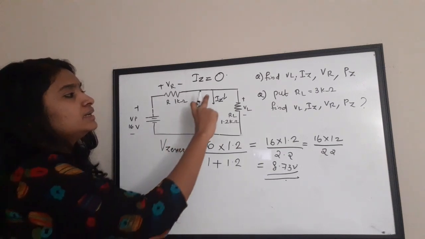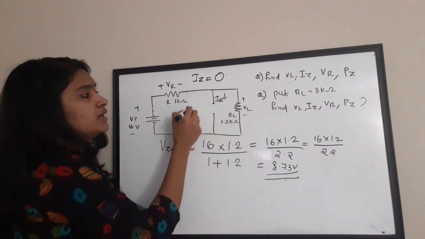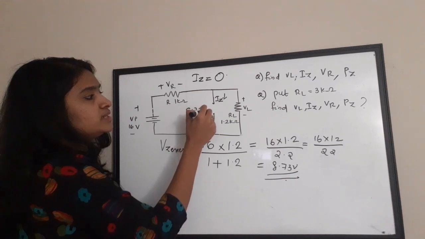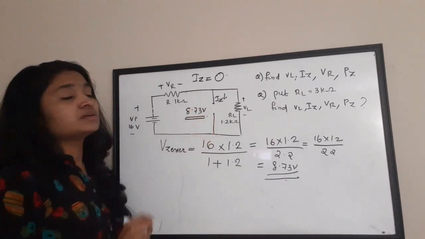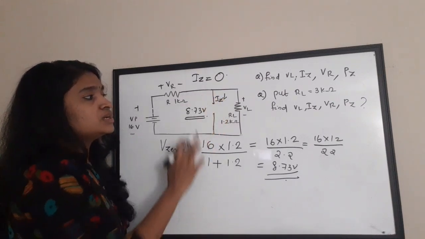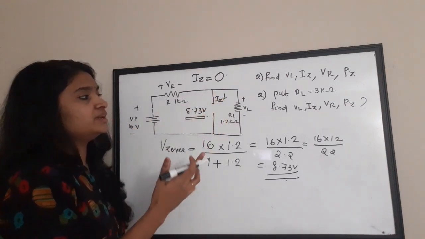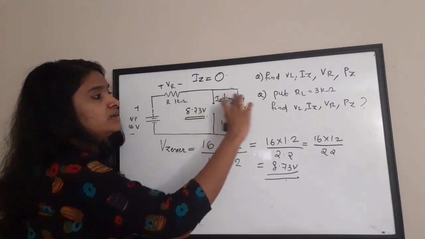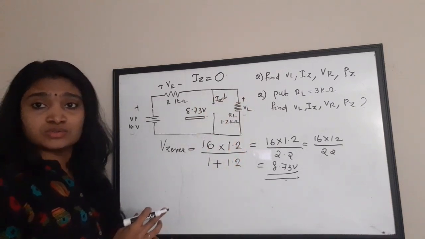Now, here how much voltage is coming? 8.73 volt is coming across this diode, we have found out. So we have talked in the beginning that whatever voltage is coming here is the voltage across the load resistor also.